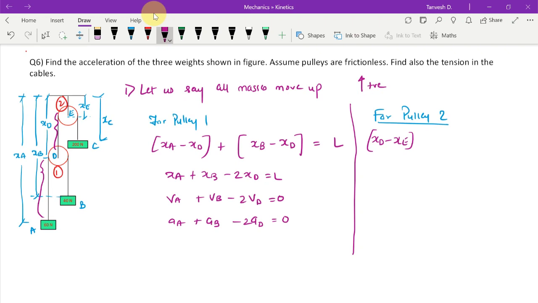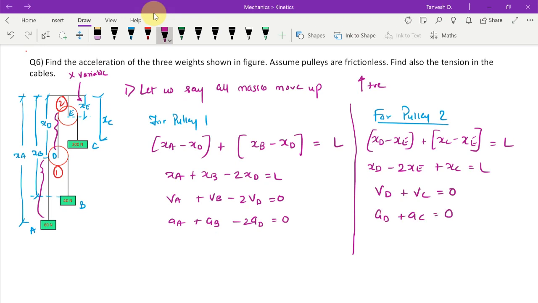Plus XC minus XE is equal to L. So this will be XD minus 2 times XE plus XC equals L. If I take the first time derivative, of course this XE is constant, it is not a variable, hence this term will vanish. So VD plus VC equals 0 and AD plus AC equals 0, right?